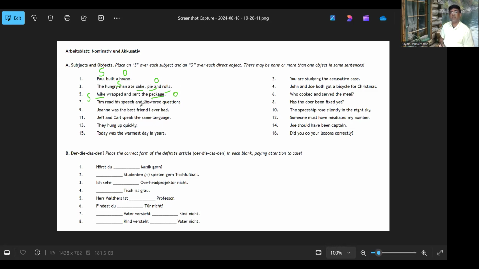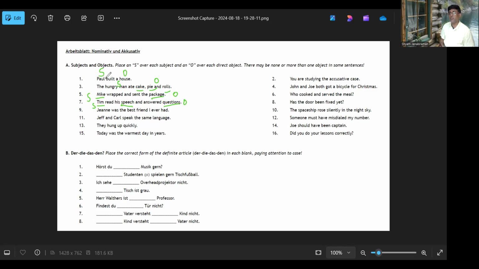Then Tim read a speech and answered questions. Tim is the subject, and the speech and the questions are objects. So this will give you an idea how to identify a subject and an object.